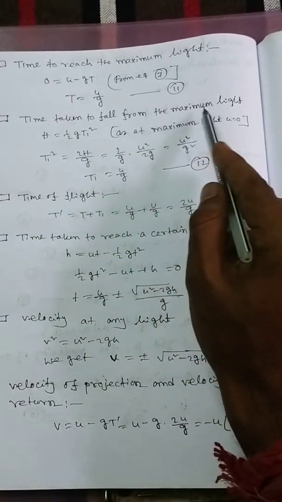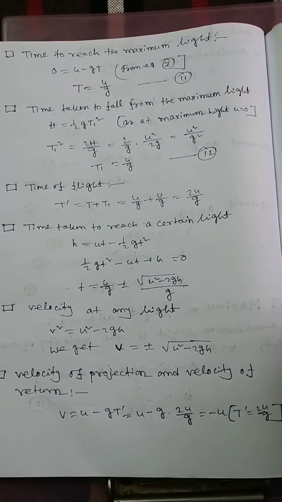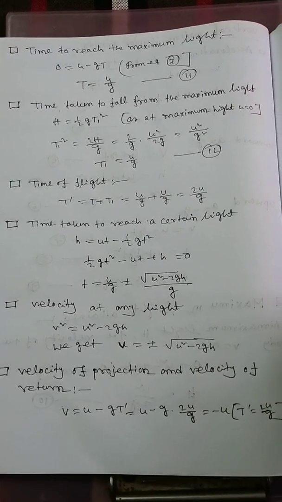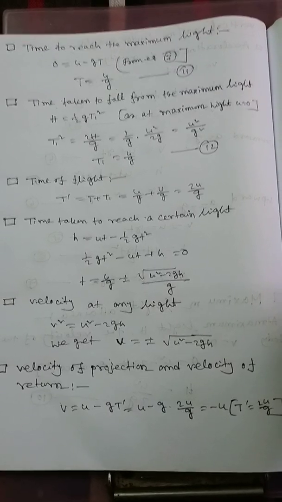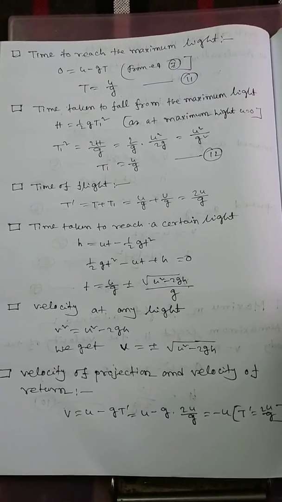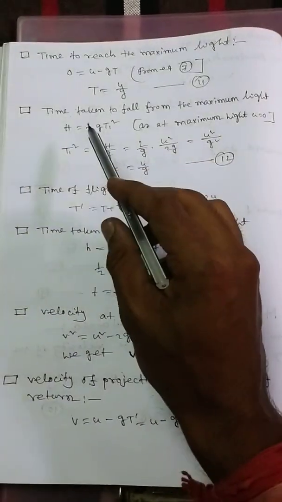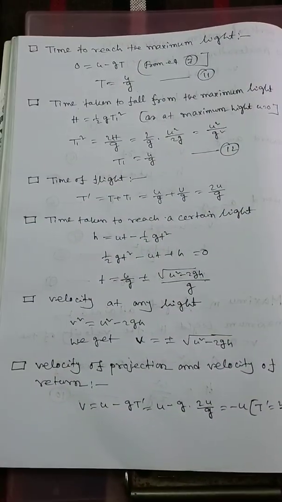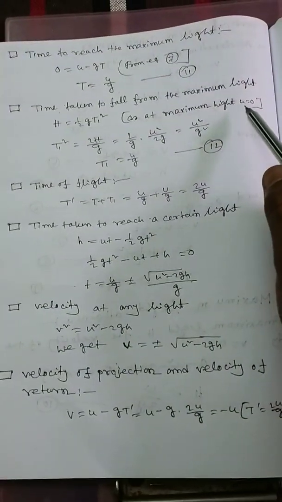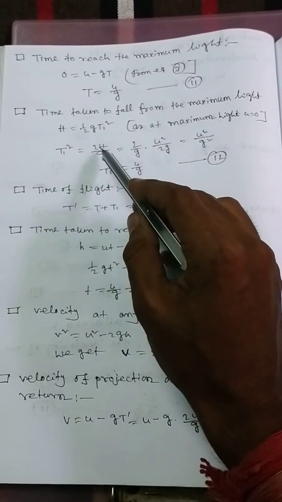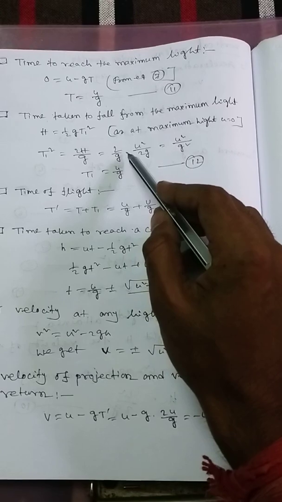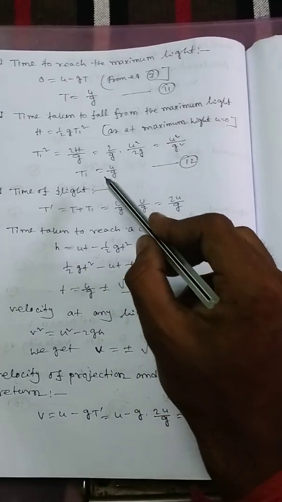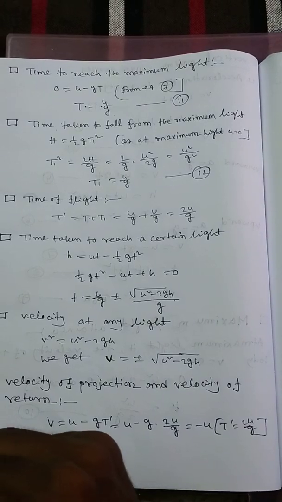Time taken to fall from the maximum height. If t1 is the time taken by the body to fall from the maximum height to the initial position, then using equation 5, h equals half g t1 square, as at maximum height u equals 0. So t1 square equals 2h by g, which is 2 times u square by 2g divided by g, equals u square by g square, or t1 equals u by g.